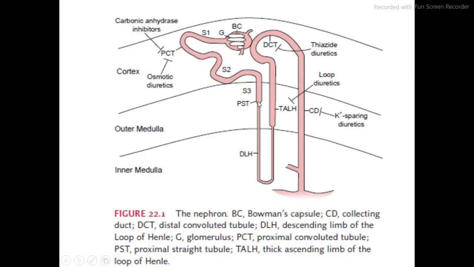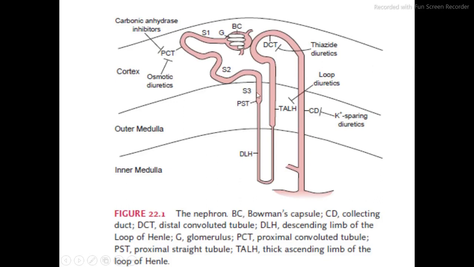Now regarding the PST phase, that is the proximal straight tubule, the S3 phase. Now in this phase, किसका reabsorption होता है?